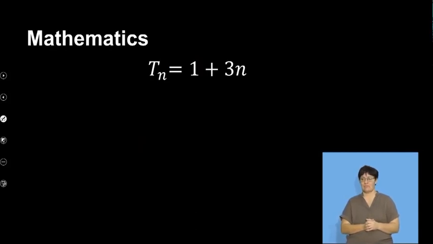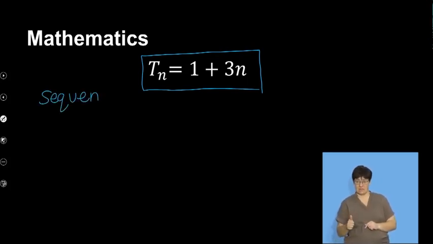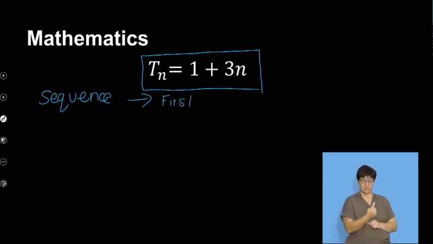The general term is Tn is equal to 1 plus 3n. The question asked me to determine the sequence, and determining the sequence means that I've been asked to determine the first 3 terms.